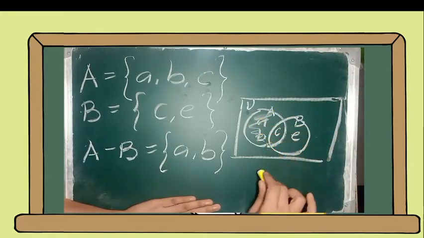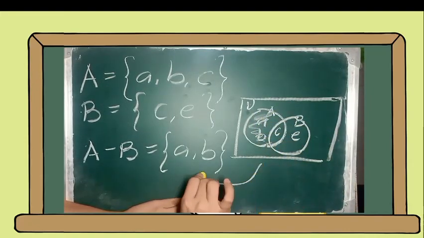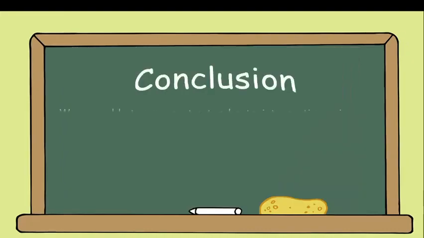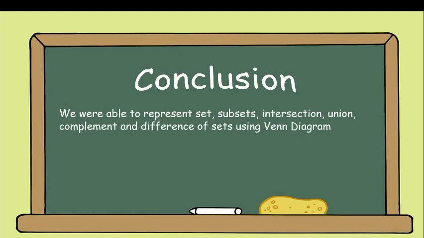Ito yun. So, ito din yung sagot. In conclusion, we were able to represent set, subsets, intersection, union, complement, and difference of sets using Venn diagram.